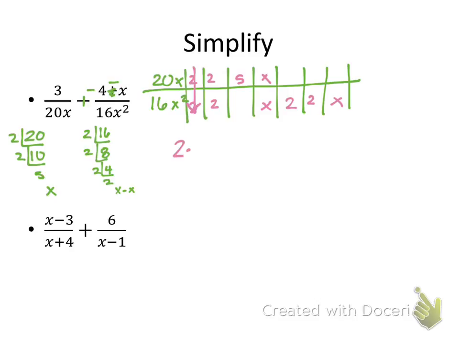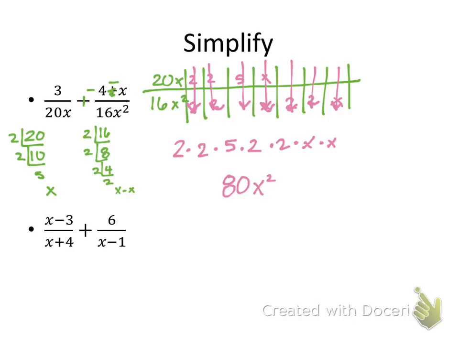So I bring down everything. 2 times 2 times 5 times 2 times 2. x times x. So my common denominator is going to be 80x squared. 80x squared, okay?